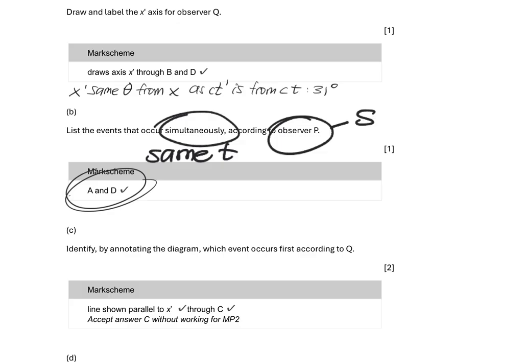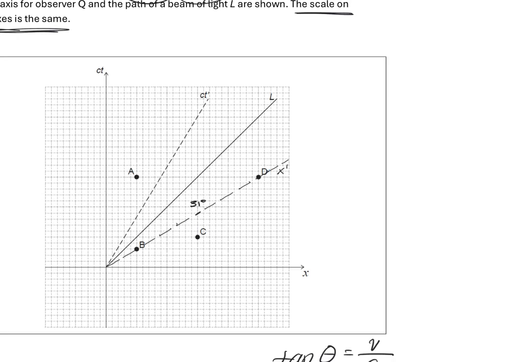So A and D. Now, according to the events that are shown, we have to see which one occurs first according to Q. Let's look at the diagram. To show when events happen according to Q, which is using the CT prime axis, we're going to draw lines that are parallel to the x prime axis to see when the events actually strike this CT prime axis. I can see that C is the earliest, going down into the negative CT prime, kind of representing things that happened before.